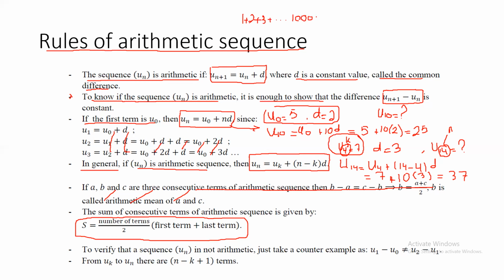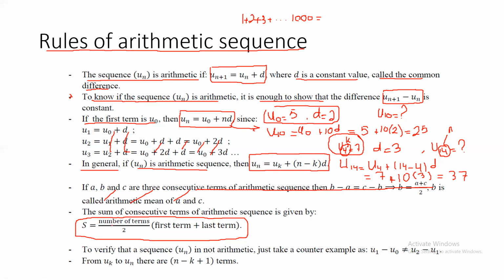Do you know how much the sum of numbers from 1 till 1000 is? If you have a calculator, how much time do you need? Too much. Now, is this sum an arithmetic sequence? What is the difference between each number? 1. So it is an arithmetic sequence.